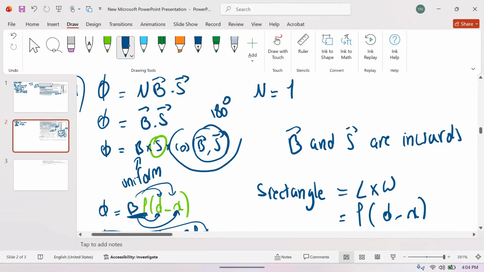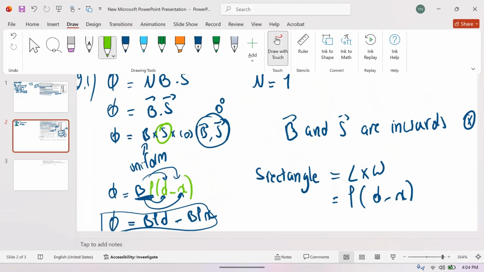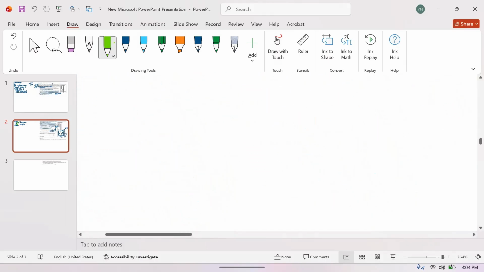Cosine 180 should be negative 1, so you'll get the opposite value of what you're supposed to be solving. So be careful with the angle. Now, cosine 0 is 1. I didn't write it again here, because anything times 1 is simply itself.